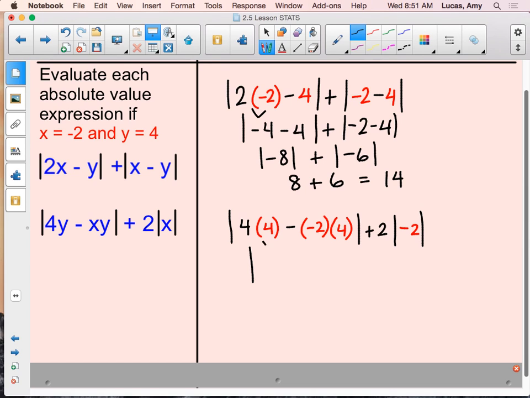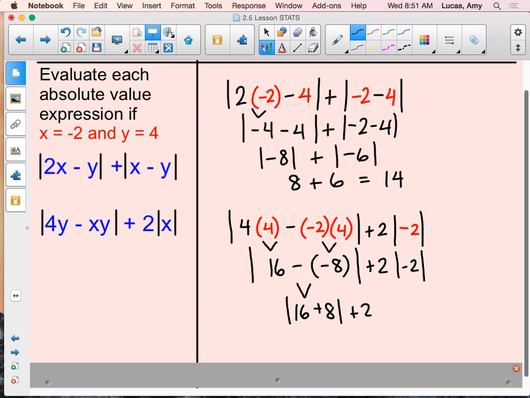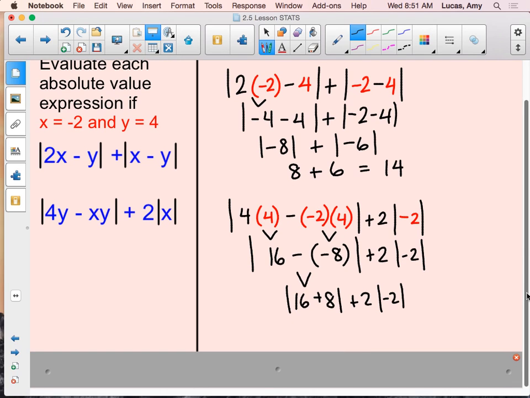Inside these bars, 4 times 4 is 16, minus -2 times 4 is -8. This turns into a chunky plus. Minus -8 turns into +8. So 16 plus 8 is 24.